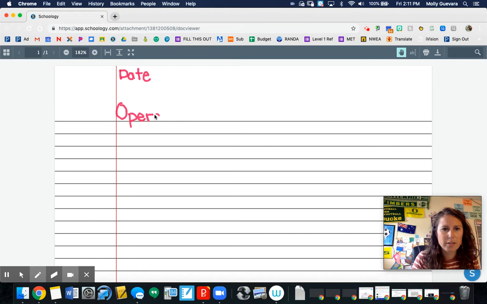And I'm going to try really hard not to let my pen get all sloppy like I told you it was going to. Operations with rational numbers. There goes the pen.